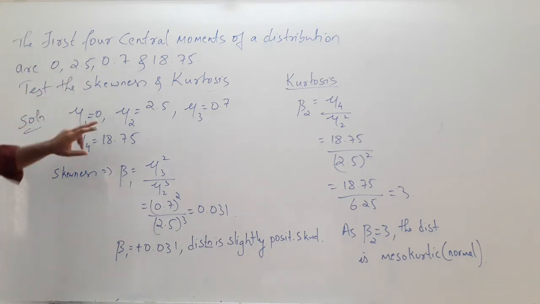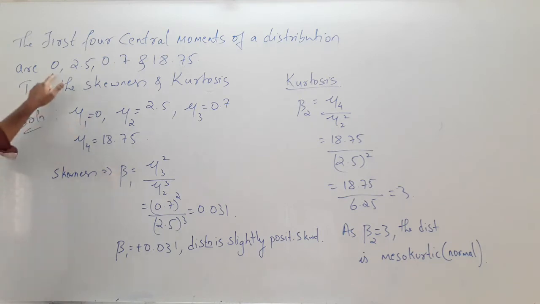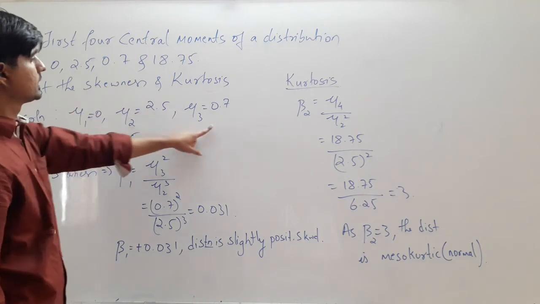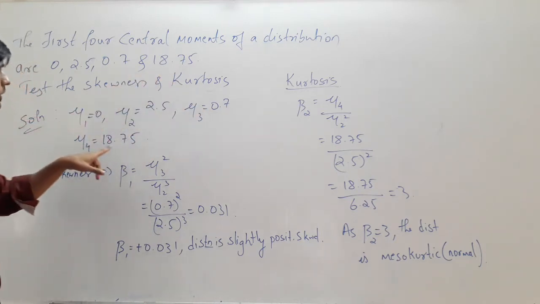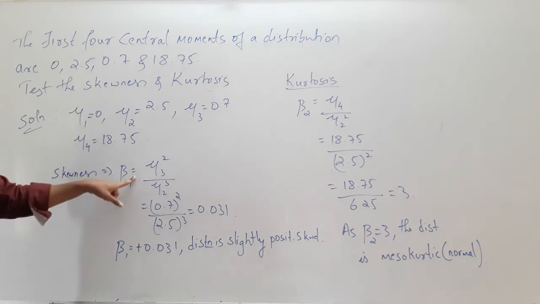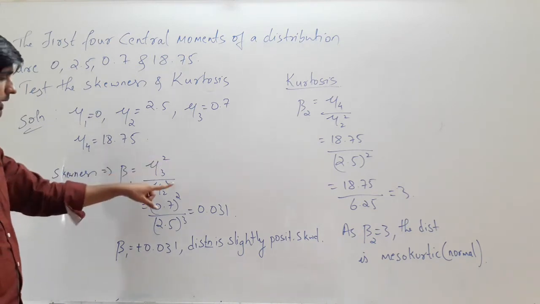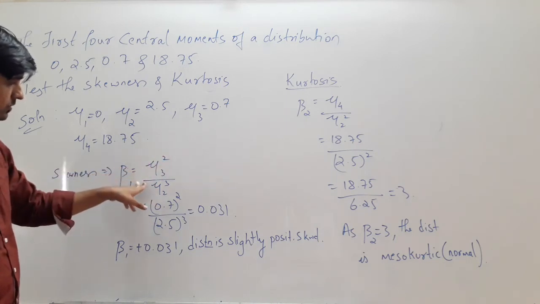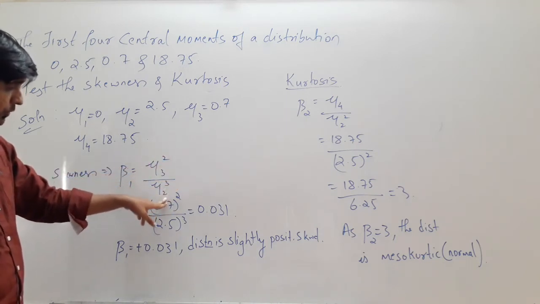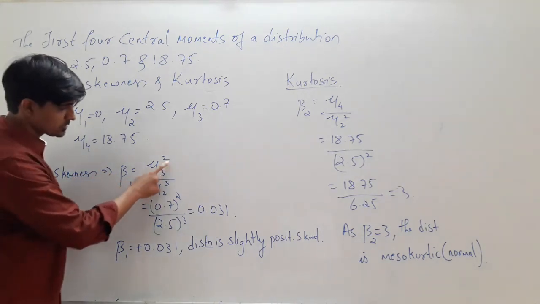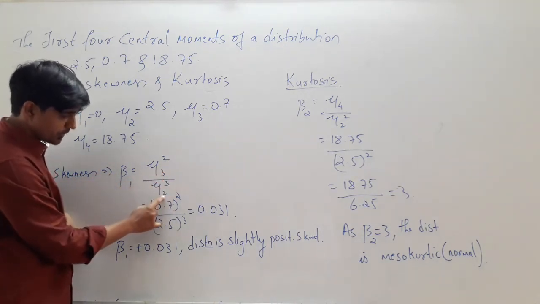So the first four central moments: mu1 is 0, mu2 is 2.5, mu3 is 0.7, mu4 is 18.75. So skewness, beta 1, is equal to mu3 square divided by mu2 cube. Remember, beta 1 is equal to mu3 square divided by mu2 cube.